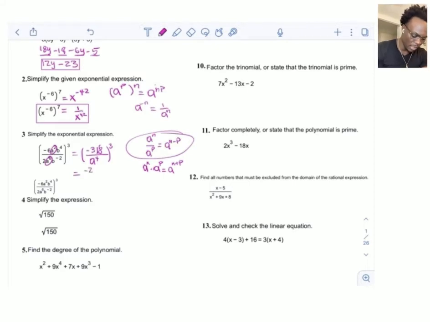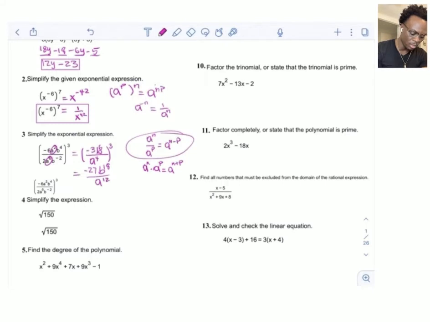So -27. B exponent 3 times 6 is 18, over A exponent 4 times 3, which is 12.